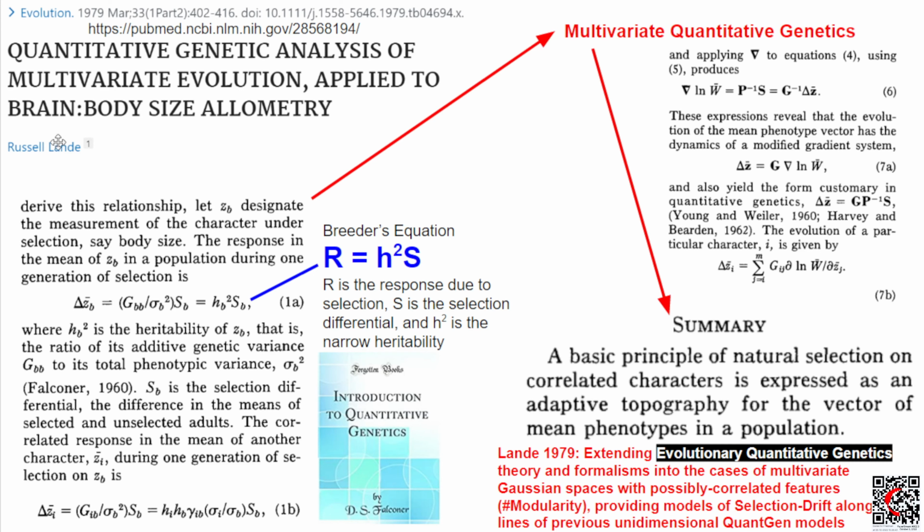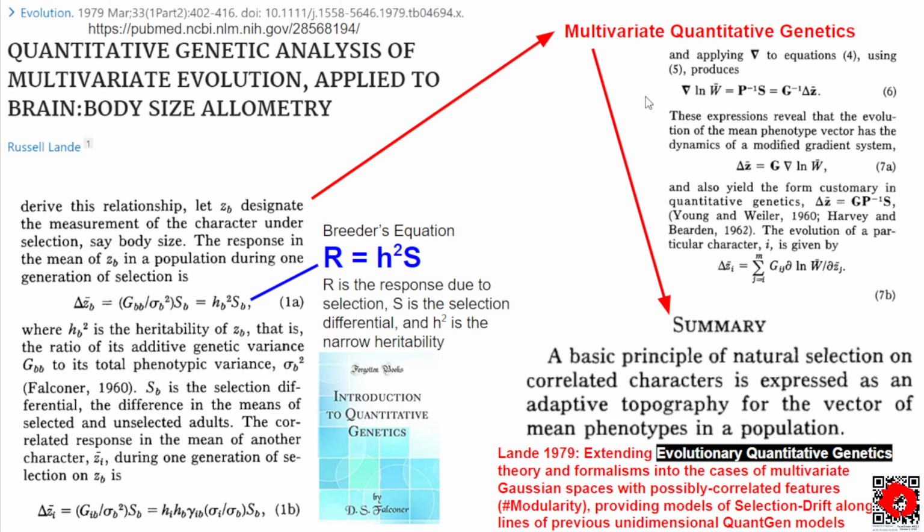Then Lande generalizes some of these equations that are traditionally described in one dimension into data structures and equation structures that can handle a lot of traits. It was like what people were doing in agriculture.